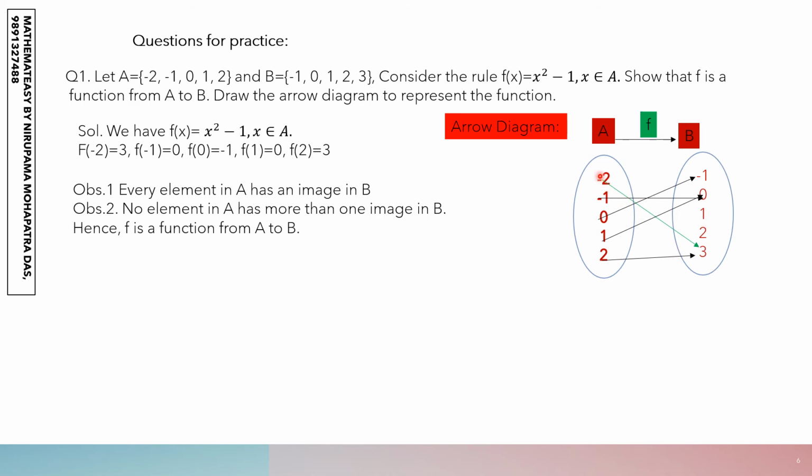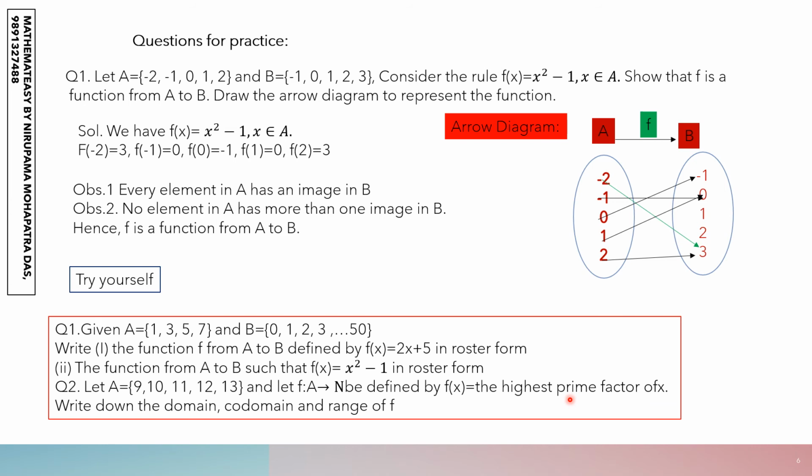So the association of -2 is unique, the association of 2 is unique. Similarly 1, -1, 0. Each element is associated with one and only one element of B. So this relation is a function.